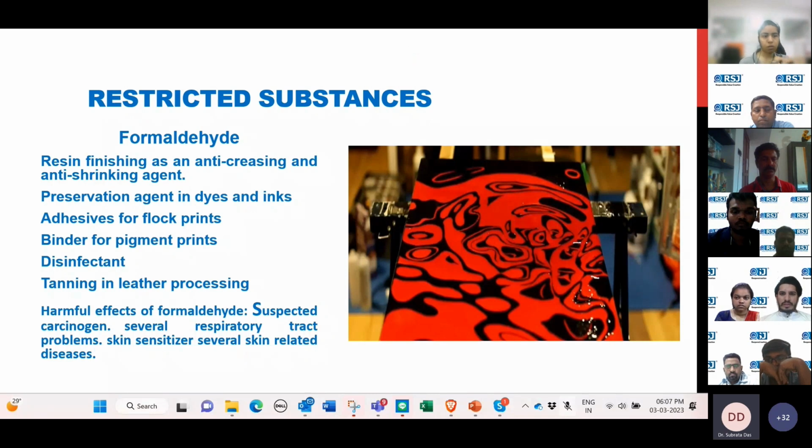Even the room where we are breathing might contain 5 ppm of formaldehyde. That's why the rules and regulations are very strict under the Oeko-Tex standard and also in the GB standard.